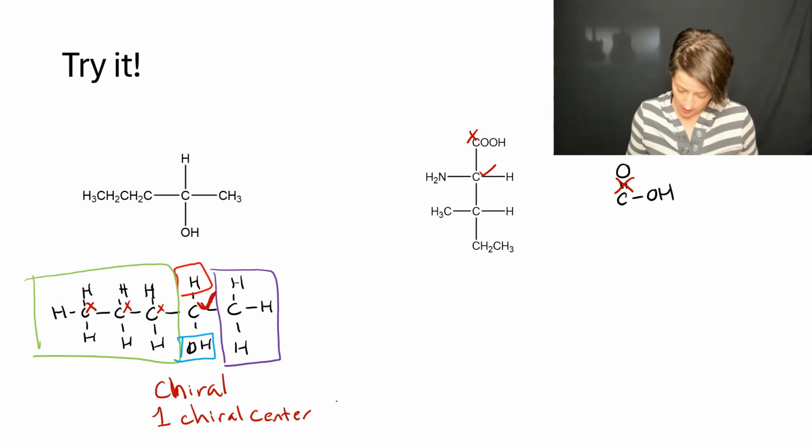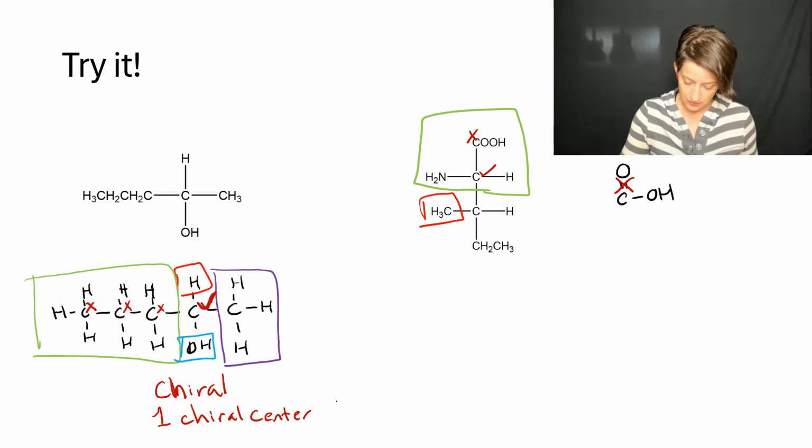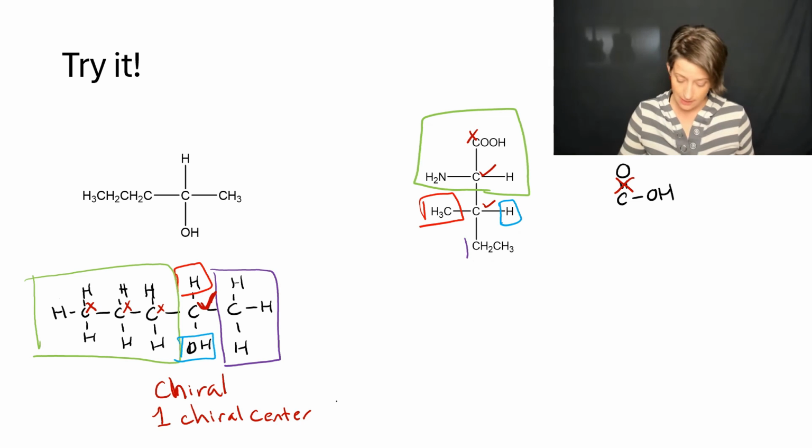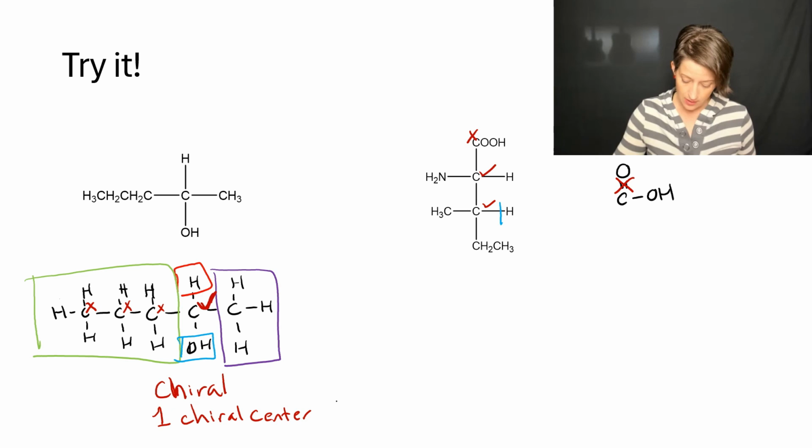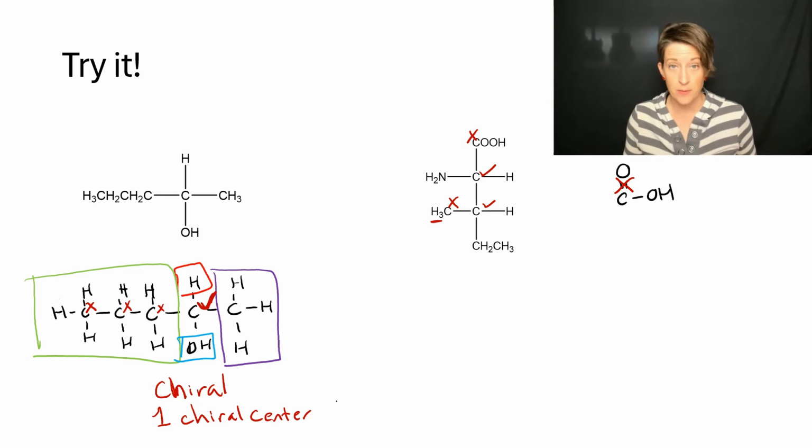Going to carbon number 3, we have a methyl group. We have this other group. We have a hydrogen, and we have an ethyl. Carbon number 3 would be considered chiral. I'm going to go off to the branch off carbon number 3, and because it's got 3 hydrogens on it, we know that that carbon cannot be chiral.